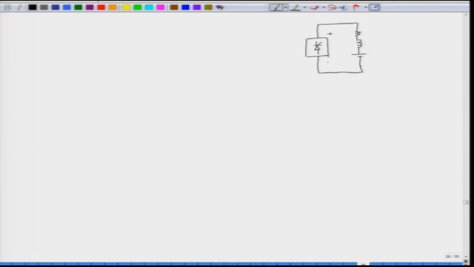Now, this is VA and this is the back EMF, which is E, RA, LA. This is the equivalent circuit of the motor. The actual motor has a back EMF, and the field is separately excited. This is a single phase full control bridge.